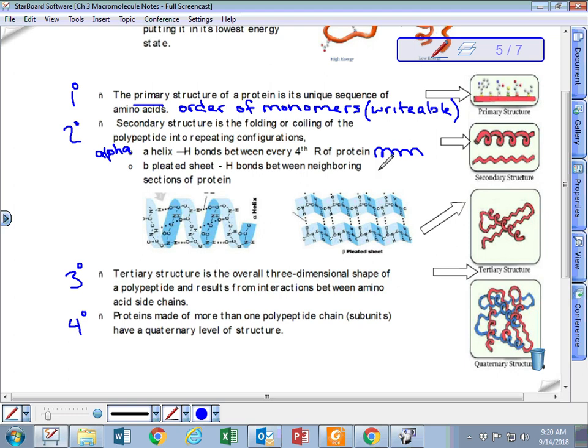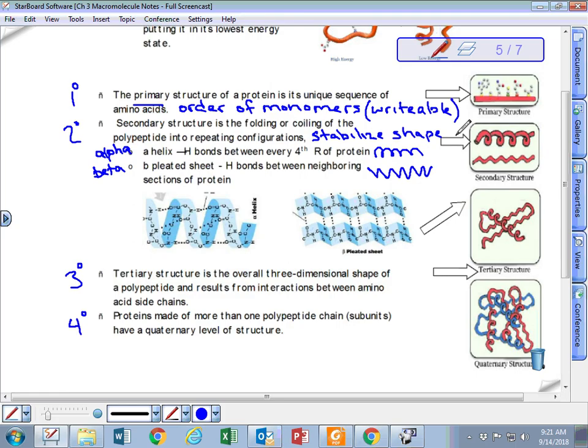The other one is this zigzag pattern, which is the beta. You're not really going to get asked about this much, except for knowing that the purpose of both of them is to help stabilize the shape of the protein. That's about all you're ever going to get asked about those.